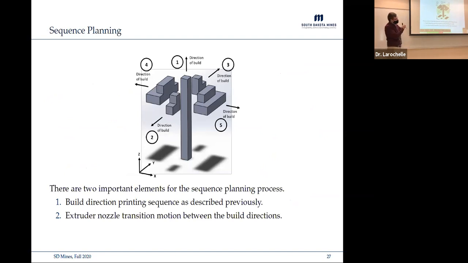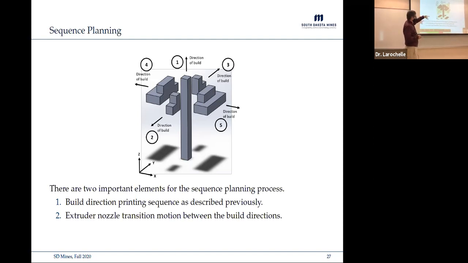So after we've done that for all of our segments, we need the sequence. We're going to have, in this case, five segmentations for our solid part. In what order can we print and make our part by making each of these individual segments? You can't just randomly go, okay, I'm just going to go 1, 2, 3, 4, 5.